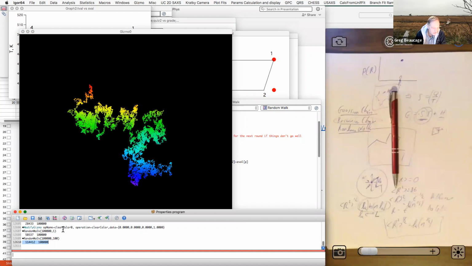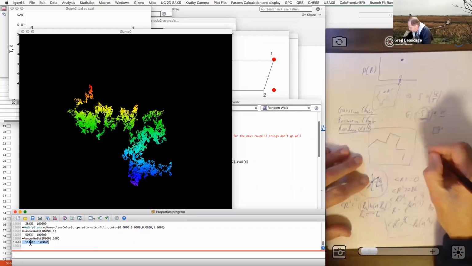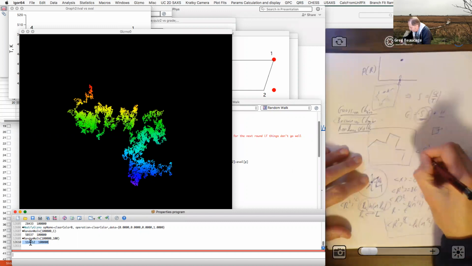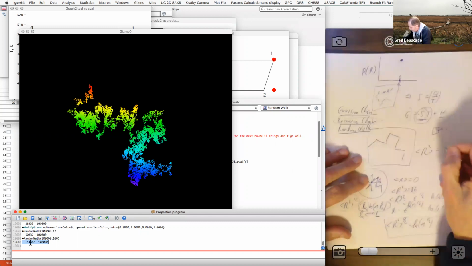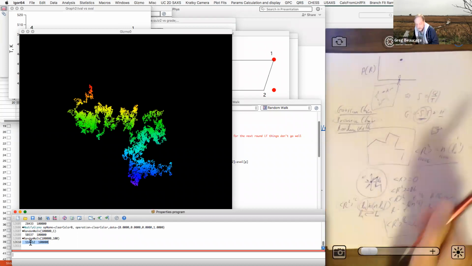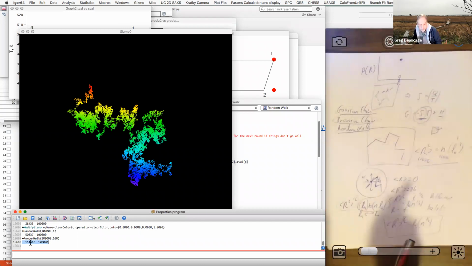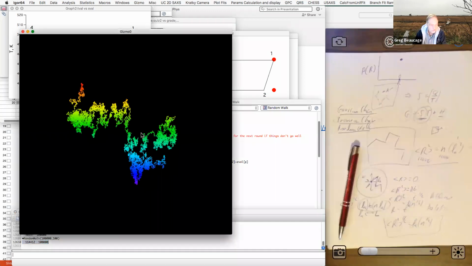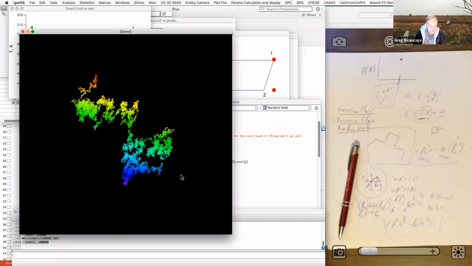So if I did enough of these, I would get exactly that R squared average equals the number of units, which is 100,000, times LK squared, and LK is 1 here. So that would work out if I did enough of these chains. Anyway, that gives you a feel for what this looks like.